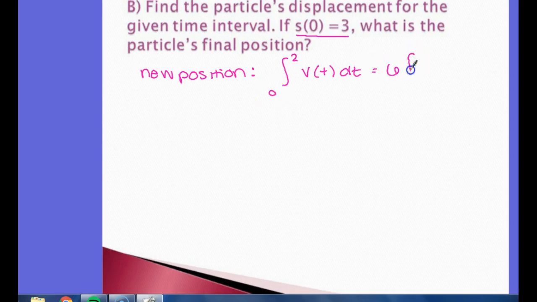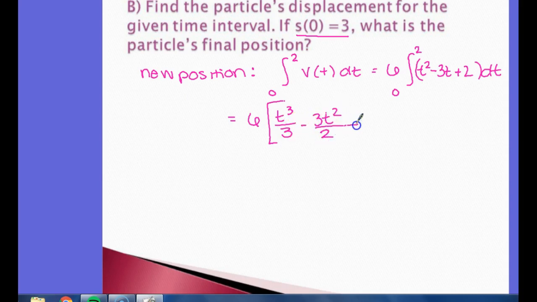So this will be like integrating from 0 to 2 of t squared minus 3t plus 2 dt. 2 cubed is 8. 2 squared is 4 divided by 2 is 2. 2 times 2 is 4. Minus 0.